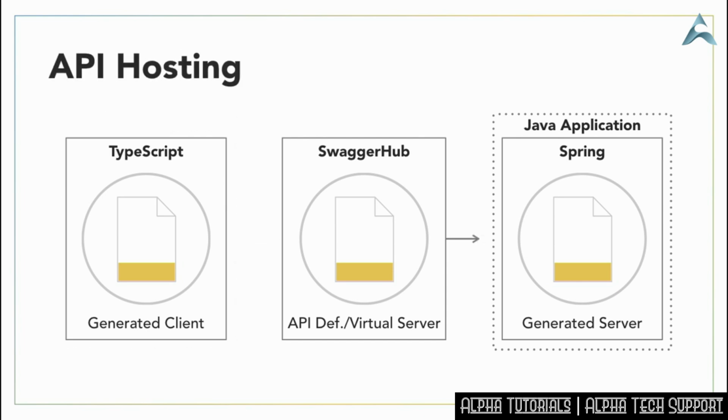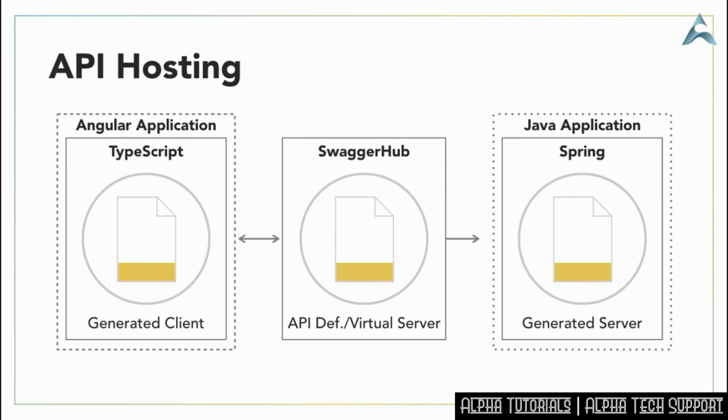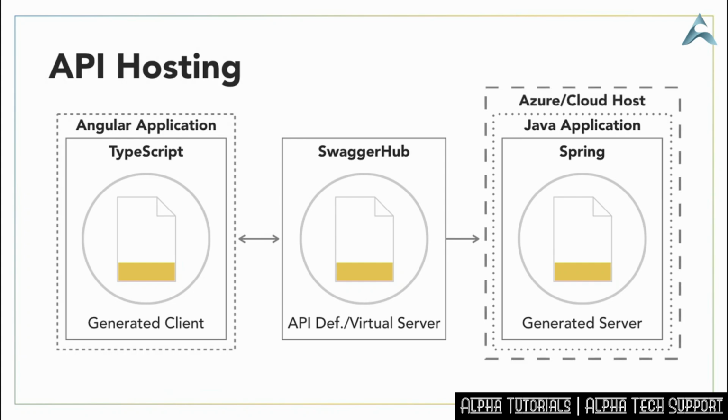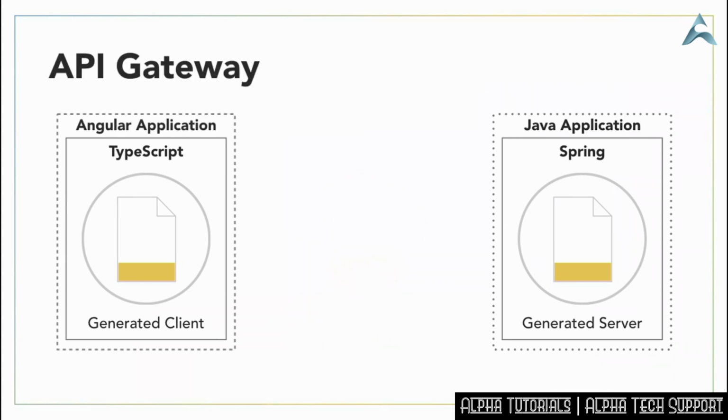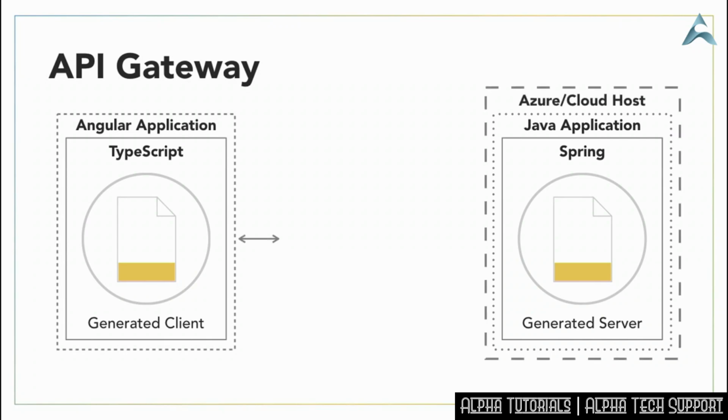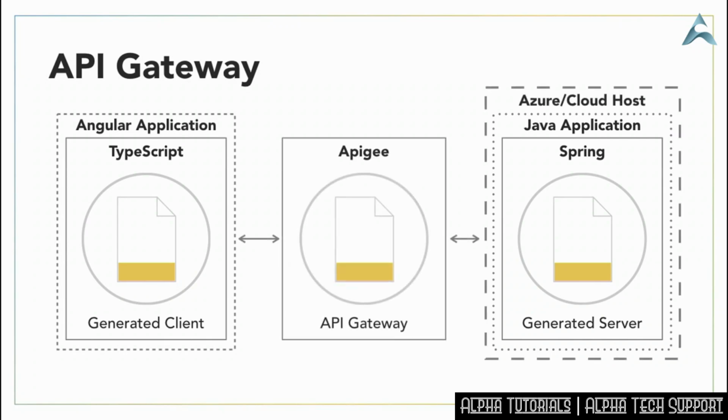After we package the API implementation into an executable jar, we'll upload the artifact and host it on a Linux server running in Azure. If you use another hosting environment, it can take the place of Azure in the project. Finally, we'll replace the SwaggerHub virtual server with an API gateway named Apigee that proxies traffic to our API implementation on Azure.